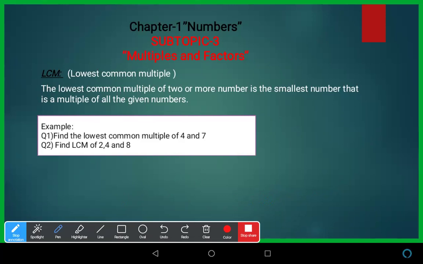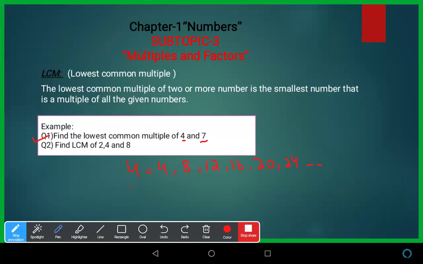So example number 1 is: find the lowest common multiple of 4 and 7. First, I will write the multiples of 4: 4, 8, 12, 16, 20, 24, and so on. I write just 6 or 7 multiples first.